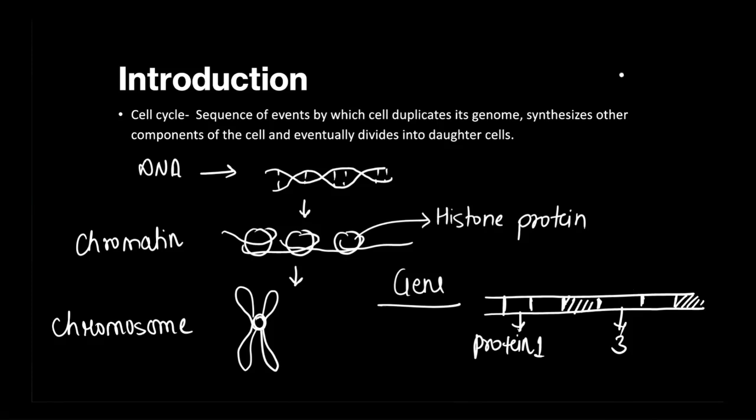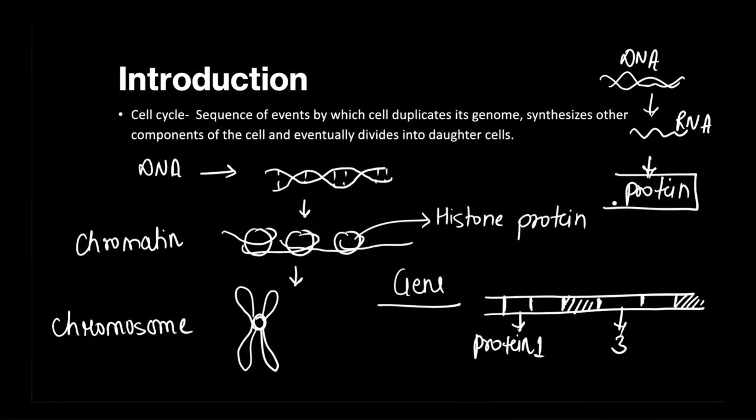So eventually, DNA will make RNA, and RNA will make protein. And this protein is responsible for all the characters present in an organism. DNA is coding for a protein through RNA. So here I am showing that DNA is coding for, suppose, protein 1 and protein 3. This region of the DNA which is coding for a protein is called a gene. Now you can differentiate easily between gene, chromosome, chromatin, and DNA.